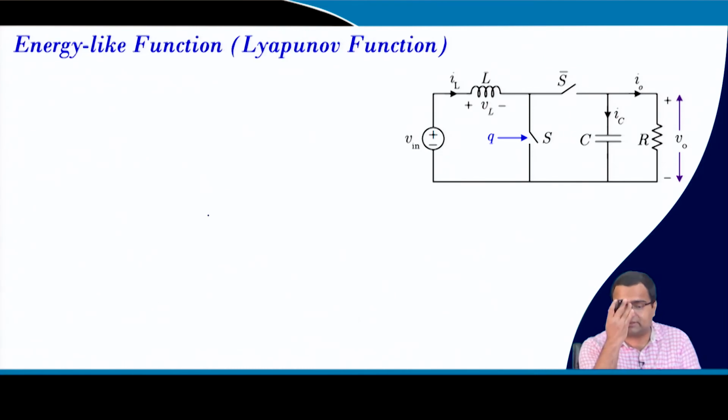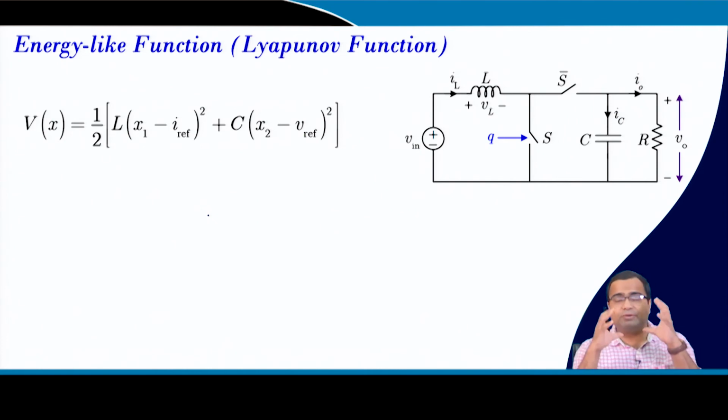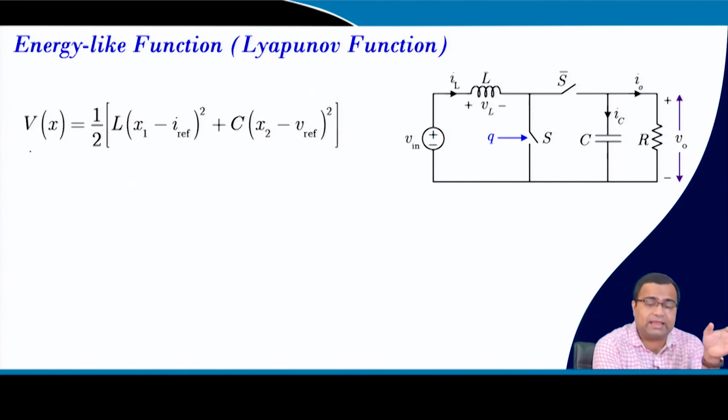What is the next task? Suppose we create an energy-like function, where I ref is the reference for the average inductor current.